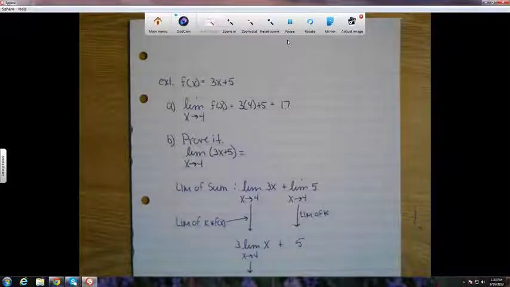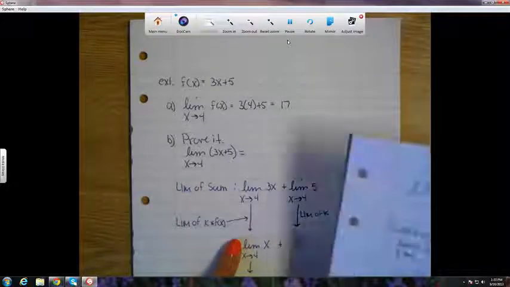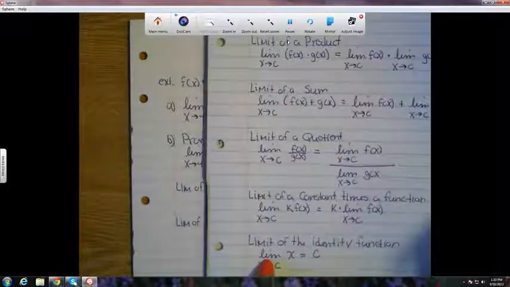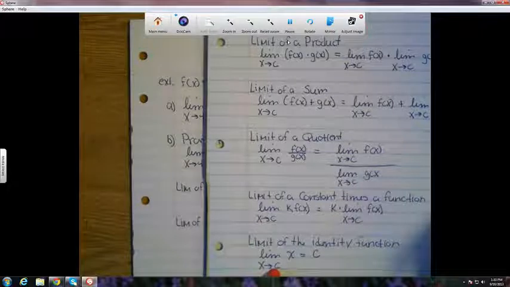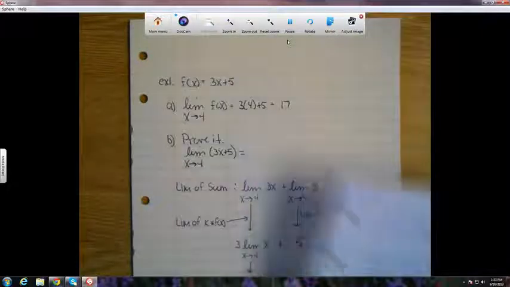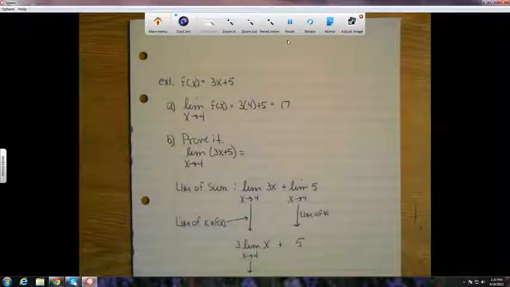You can forget that that 3 is there. I've got the limit of x, that is equal to whatever constant I'm approaching. So that's the identity function one. So I'm going to use the limit of identity, ID, to simplify this first term to 3 times x.